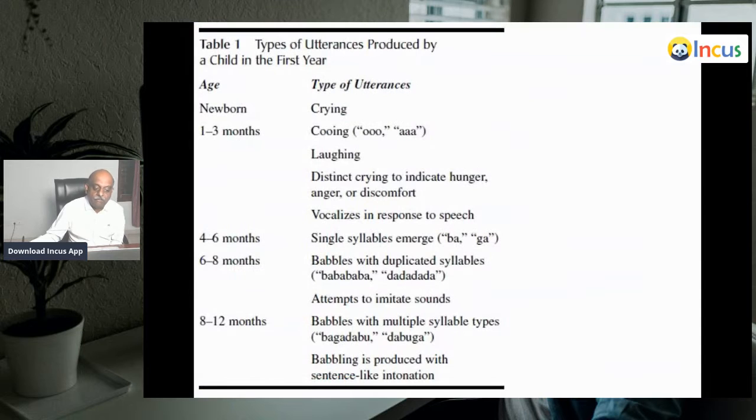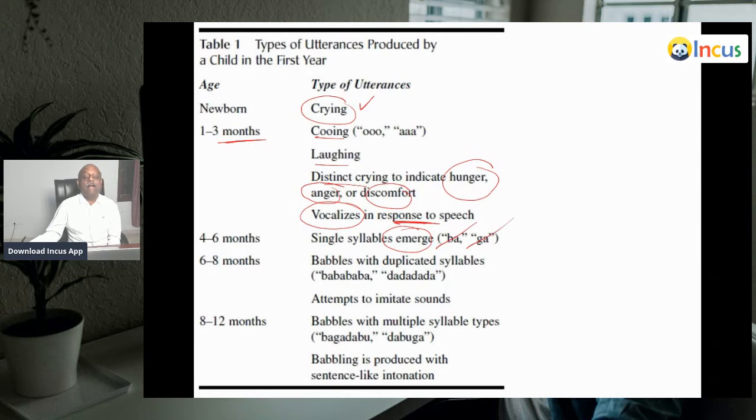So doctor, please remember, crying is what we know. From the newborn period we kept crying. 1 to 3 months, cooing, laughing, distinct crying to indicate hunger, anger, discomfort, and vocalization in response to speech. 4 to 6 months, single syllables, ba, ga, ma, sa.